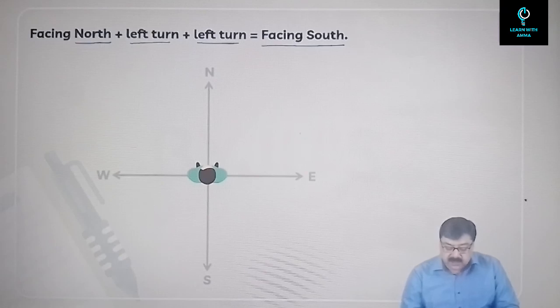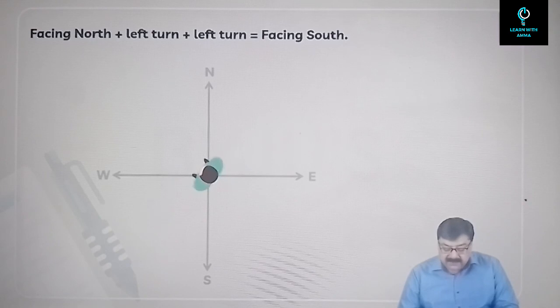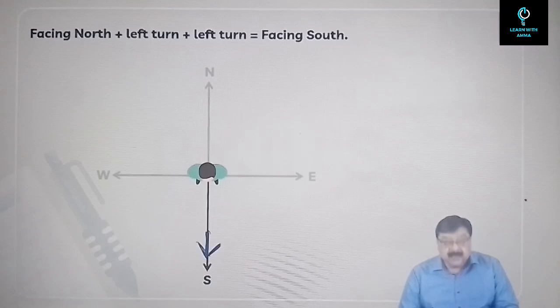Initially you are facing north, this is your left side and this is your right side. You take the first left turn and then once again turn left. Now you are facing south, which is opposite to the initial direction, north.